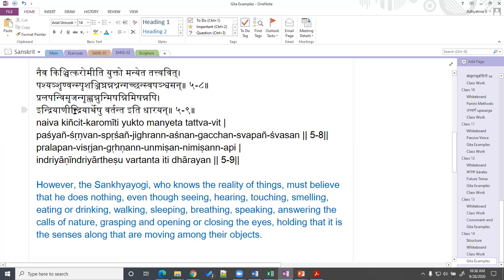Among all these actions, the one who is a realized person understands that he does not do anything. All these actions are just happening. So this is a very interesting verse, and it is just a series of present participle nominative singular forms. So with this, we'll close the session.